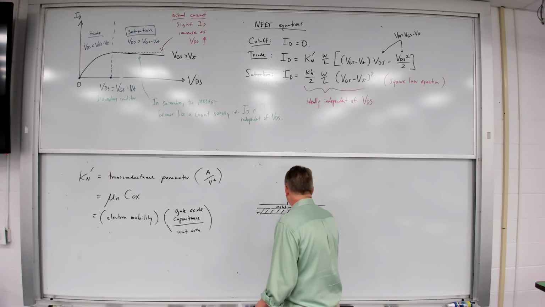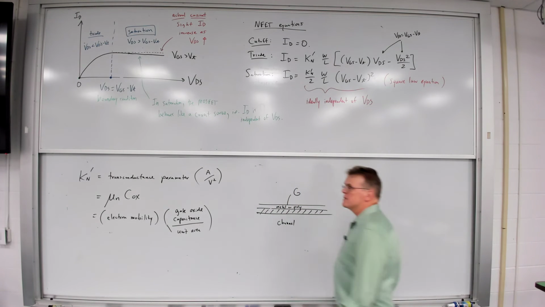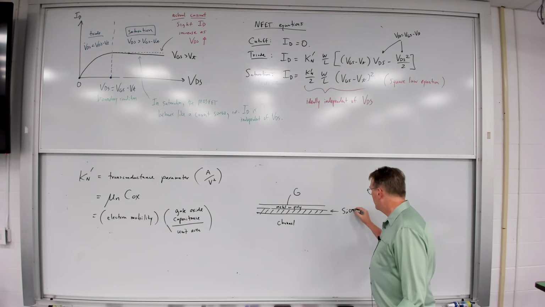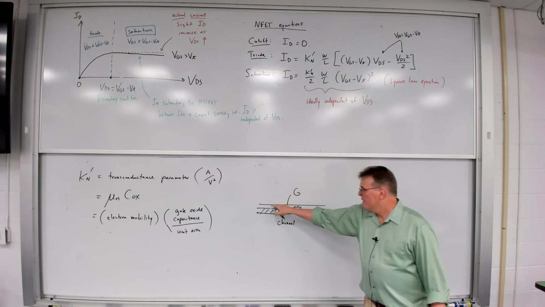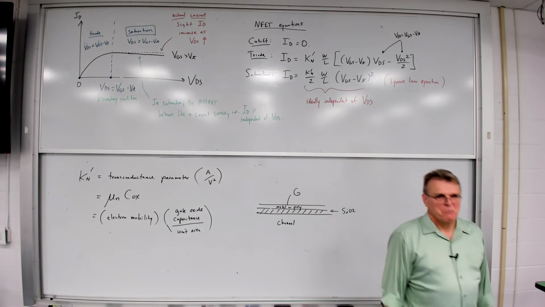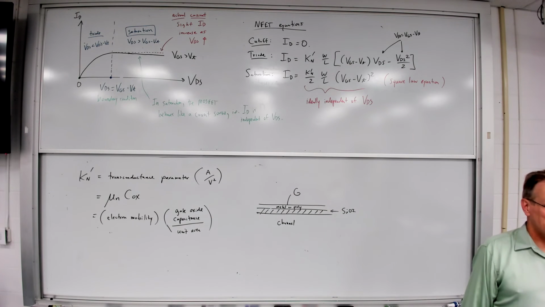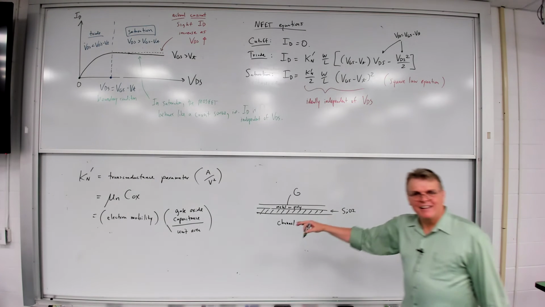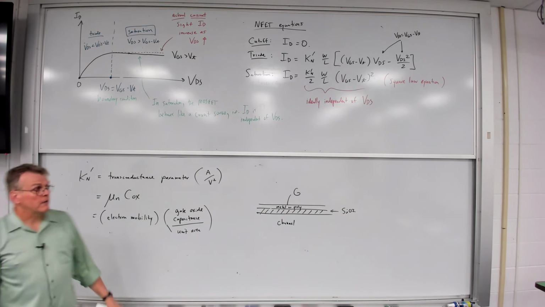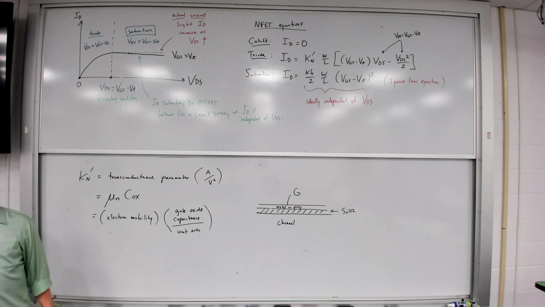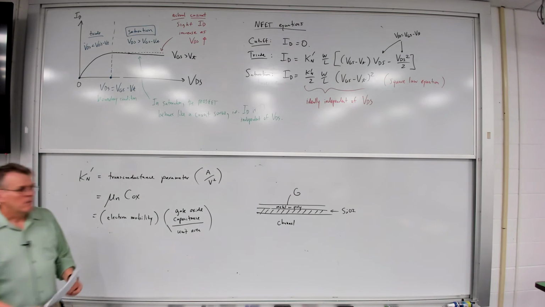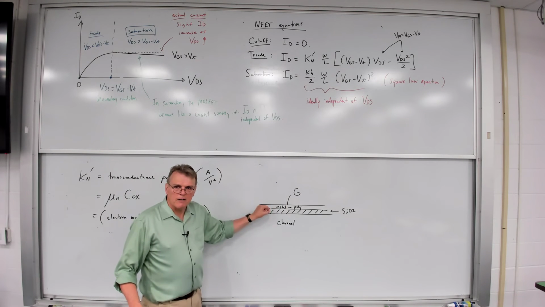And then in between, we have silicon dioxide, SiO2. Conductor, insulator, conductor. What is that structure? It's a capacitor, really. The gate, oxide, and channel look like a capacitor. And that's where that Cox term comes from. It is gate oxide capacitance per unit area underneath that gate.